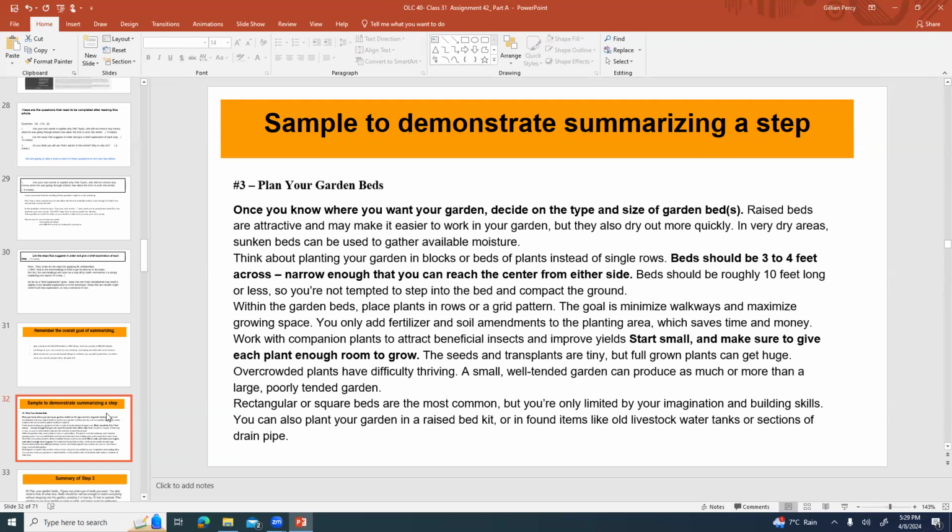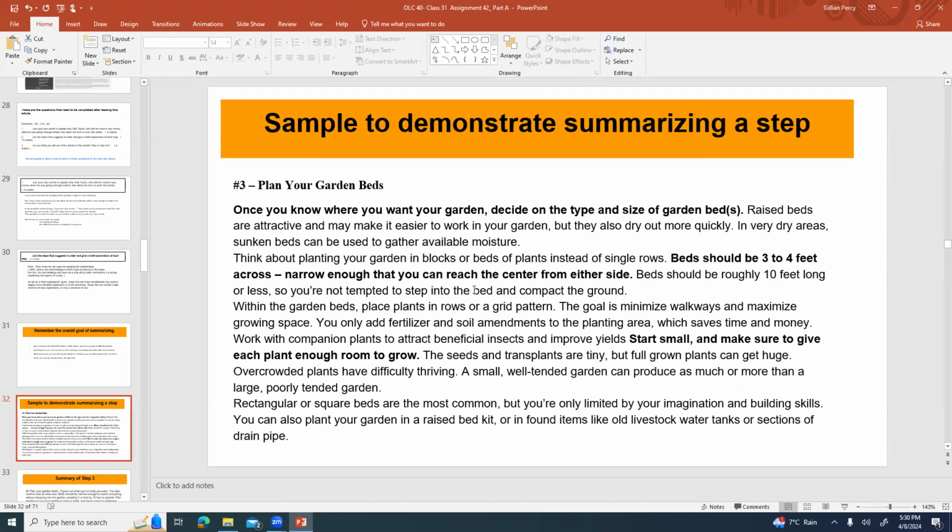Overcrowded plants have difficulty thriving, in other words, growing well. A small, well-tended garden can produce as much or more than a large, poorly tended garden. Rectangular or square beds are the most common, but you're only limited by your imagination and building skills. You can also plant your garden in a raised bed kit or in found items like old livestock water tanks or sections of a drain pipe.